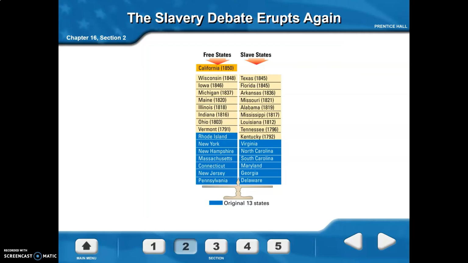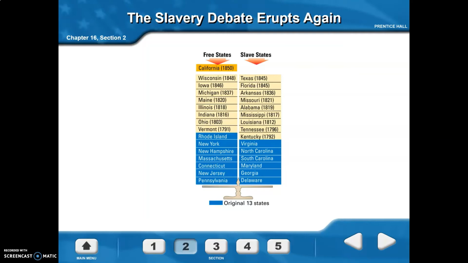But we still know at this time that the North and South were arguing with each other about this issue of slavery, and this whole idea about sectionalism was happening at that time. And sectionalism, again, is loyalty to a state or a section rather than the country as a whole. So the North was loyal to the North.